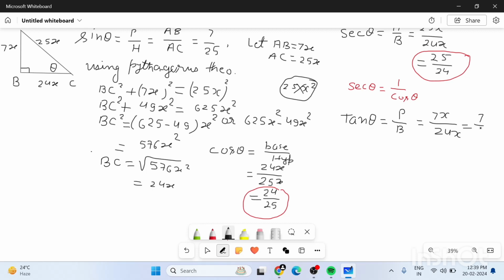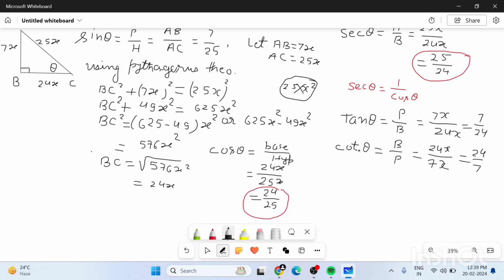This is 7 by 24, the value of tan theta. Now, cot theta is the reciprocal of tan theta, B upon P, or you can say 24x upon 7x, and that will give us 24 by 7 as the value of cot theta.